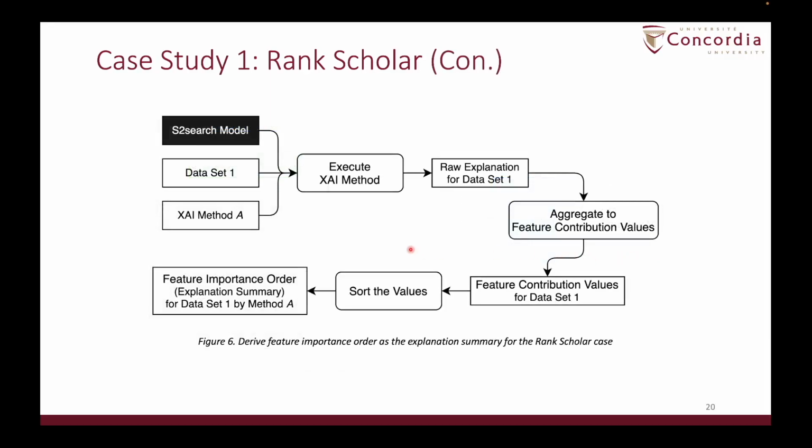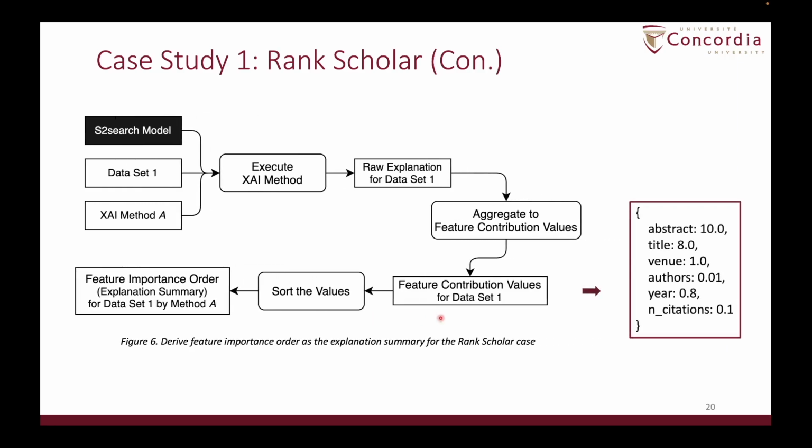This is how we derive the explanation summary for the case. We execute the XAI method on dataset 1 and get the raw explanation, and then we aggregate the raw explanation to feature contribution values. We sort those values and derive the feature importance order as the explanation summary.